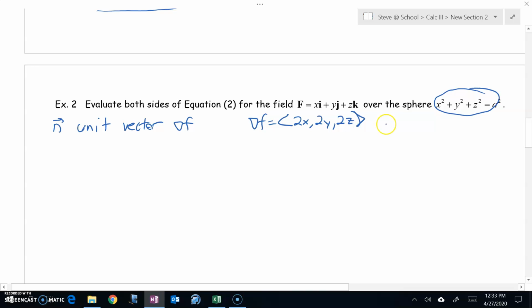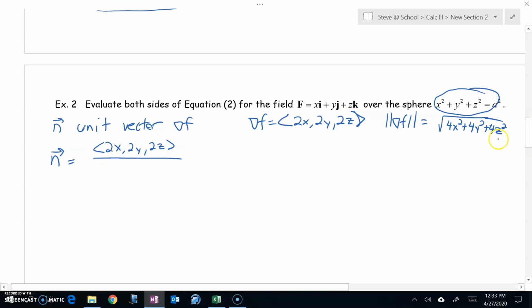And then we know that the magnitude of that is the square root of 4x squared plus 4y squared plus 4z squared. Okay, you can simplify this now and say that the actual normal vector is the vector 2x, 2y, 2z over the magnitude.